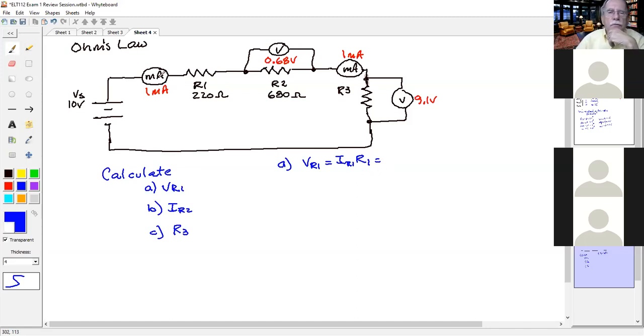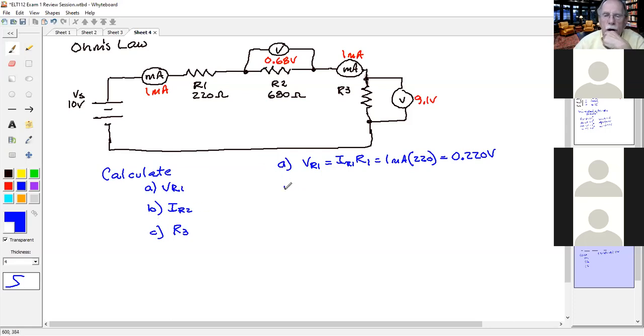The current that flows through R1, this milliammeter is measuring that. Current has to go through the milliammeter, out of the milliammeter into R1. That's going to be 1 milliamp, and we're going to multiply that times 220 ohms. So that should come out to be 0.220 volts.